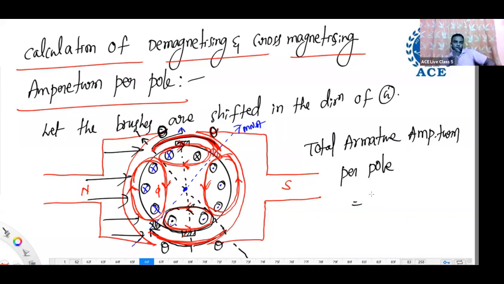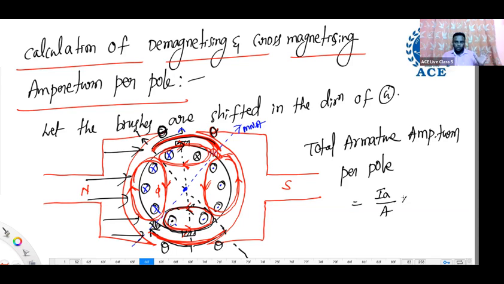If you don't know about lap and wave winding, you cannot understand here. There I clearly gave that the current in each conductor or each parallel path are the same. What is that current? IA by A. Current in conductor and current in turn are the same. If there are 25 conductors, how many turns are there? 12.5 turns, same current only. So ampere means IA by A. All of you clear this point? Current in each turn or each conductor is IA by A.